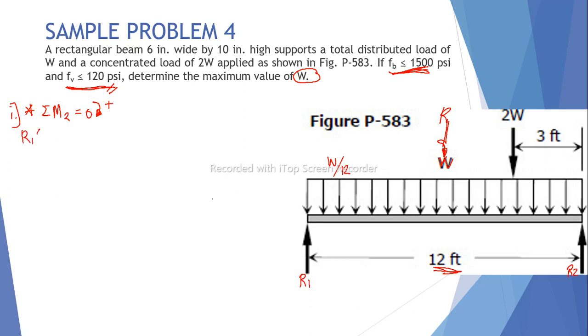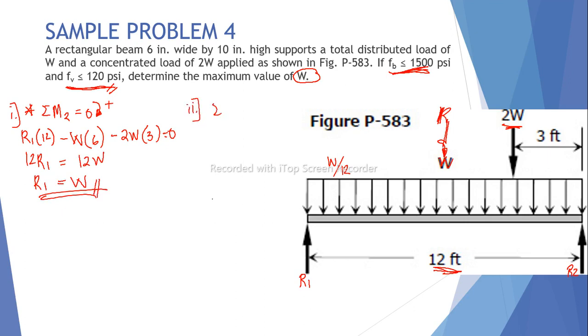So reaction 1 times 12 feet, minus W, the resultant force due to the distributed load, times 6 feet, the moment arm, minus 2W, the concentrated load, times 3 feet is equal to 0. So 12R1 is equal to 12W. Therefore, reaction 1 is equal to W.